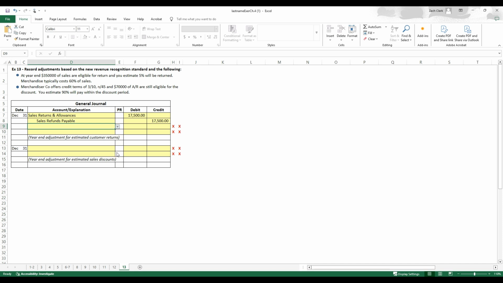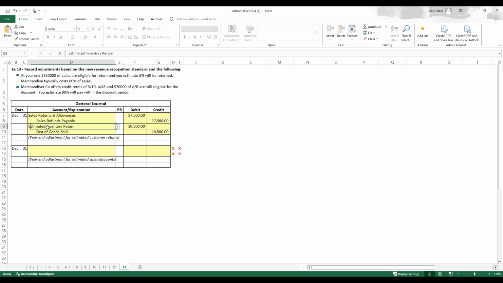And then to go along with that estimated return, we're going to want to record an estimated asset. We're estimating that the merchandise is typically 60% of sales. So if we're returning this much in sales, then 60% of that would be $10,500. And we're going to reduce our cost of goods sold accordingly, similar to just a normal return.